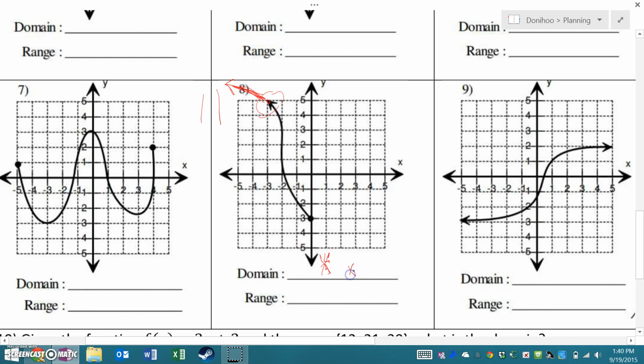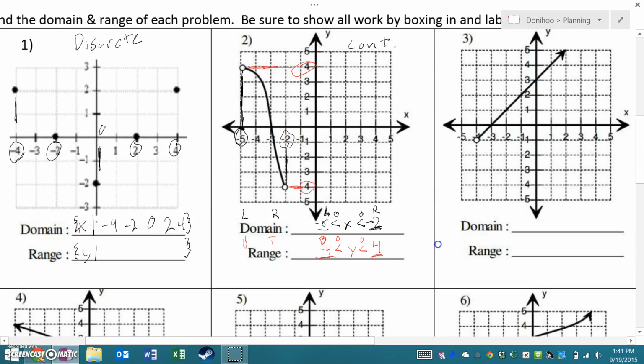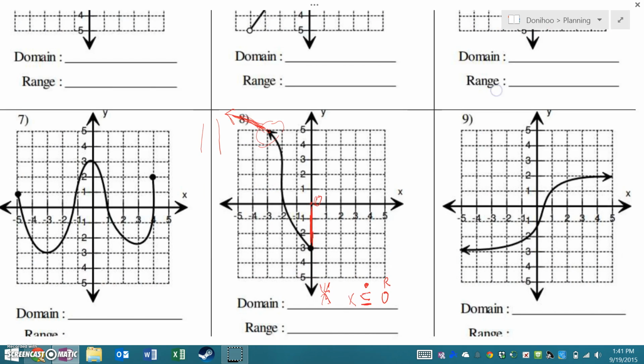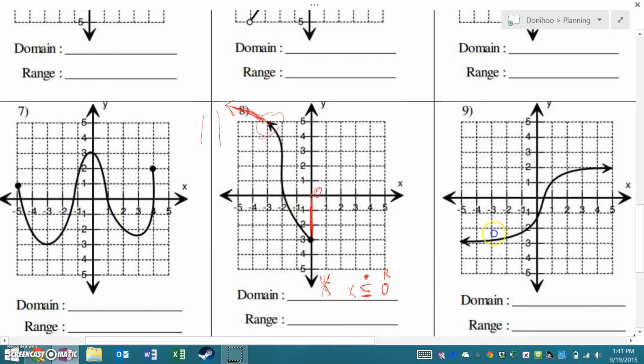I can keep writing x less than. Okay, and over here on the right side, there's a point, that would be 0. So I can safely say that on the right side of the graph, 0 is my number. And that is a filled-in circle, so that means this will be equal to. So to break it down, if you have 2 points, then you'll have 2 numbers. Here I've got just a single point, that means I'll have just a single number.